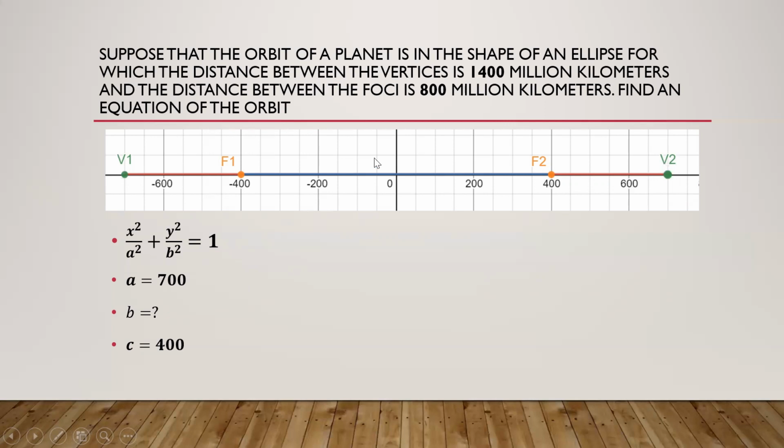So that means from the center to one vertex is just a. So V1 to V2, that's 1,400. But V1 to just the center, that is just 700. So our a is 700.